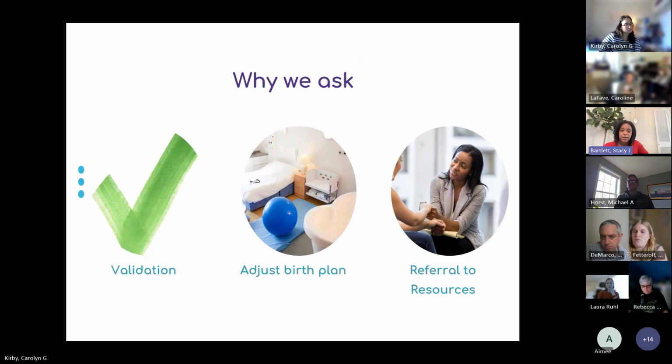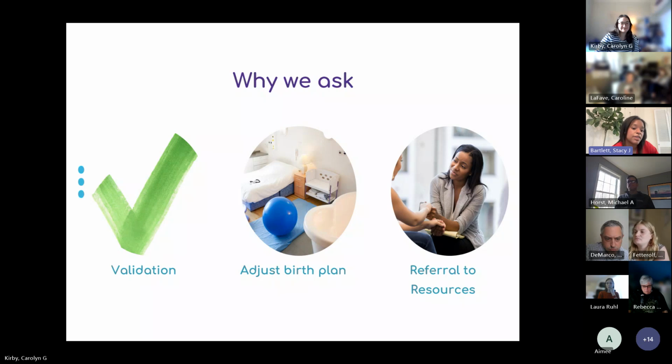So why are we asking this question as part of our new and improved fourth trimester screening? Three reasons. One is validation, just to be able to have patients have the validation that their experience was in fact traumatic for them. It was a negative birth experience, an adverse birth experience, and that what they're feeling is valid.